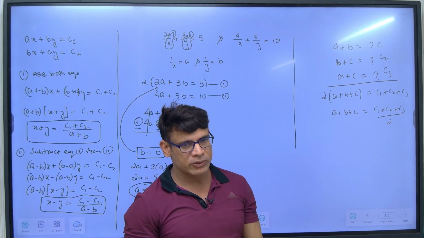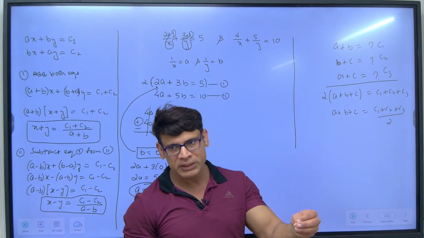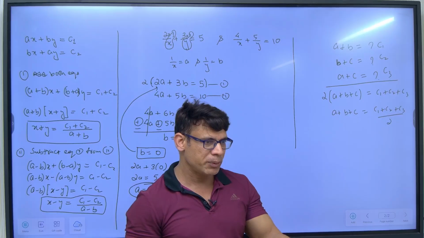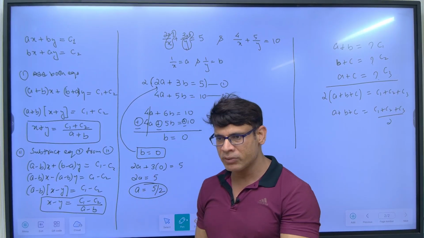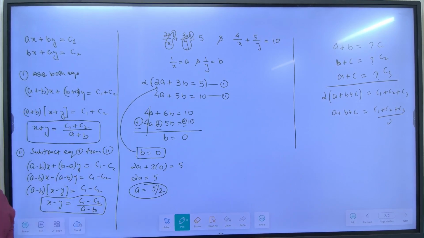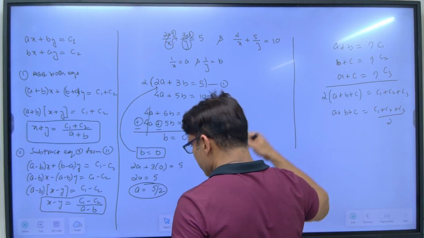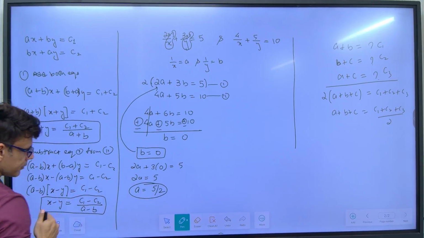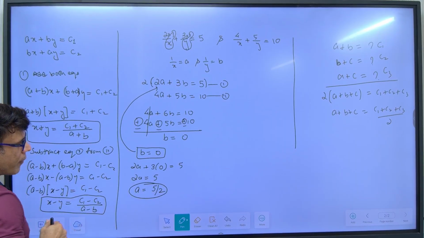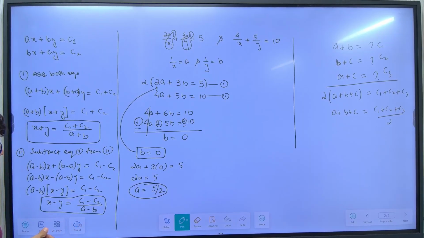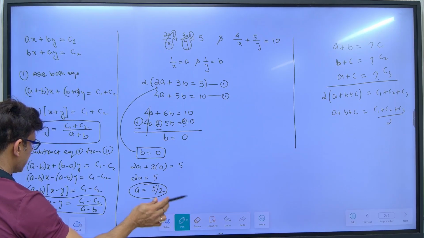Because you know A plus B plus C, you also know A plus B, you also know B plus C, and you also know A plus C, you can find out individual values of A, B, and C. Very rarely, but it can be asked. Done?